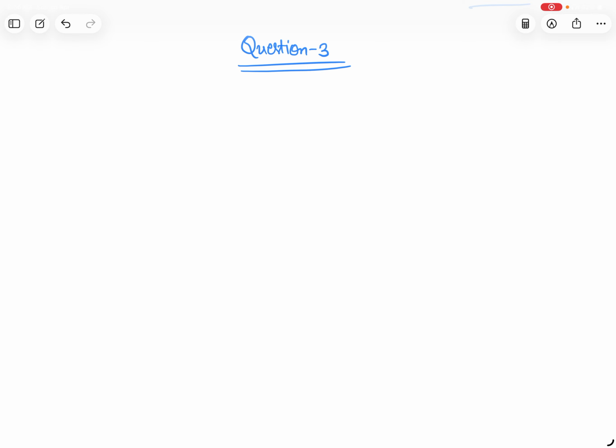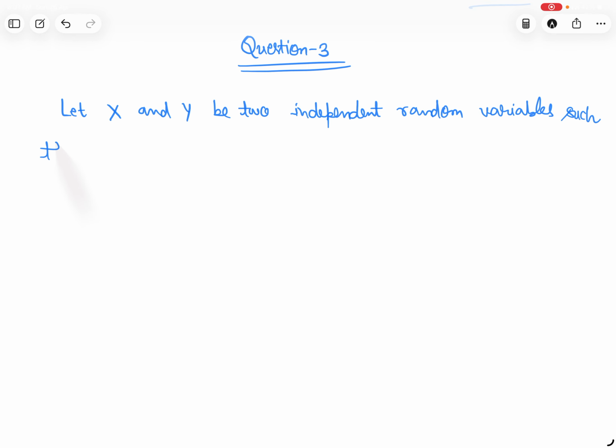So, today we are going to see another question, which is a very important question. So, let's start the question. Let x and y be two independent random variables such that √3^k x + 2^k y = √5^k z.